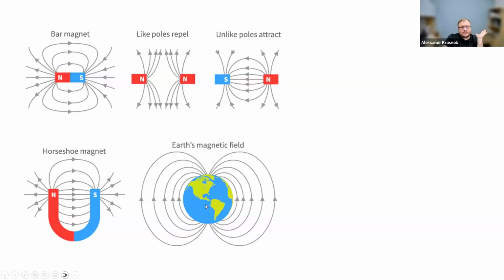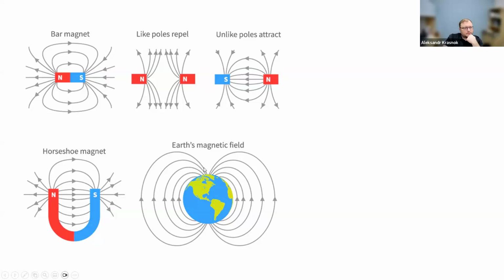Another example of a source of magnetic field, which is always around us, is the Earth's magnetic field, right? Fun fact here: this is the North geographic pole, and this is the South geographic pole.